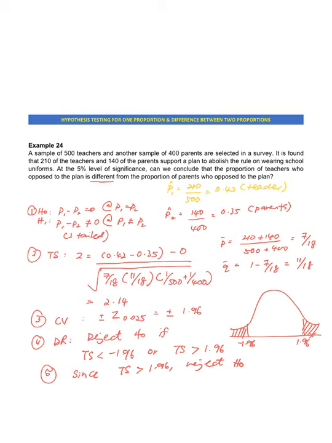We can conclude that the proportion of teachers who oppose the plan is different from the proportion of parents who oppose the plan. You can just take the sentence from the question above if you want to write a complete sentence.